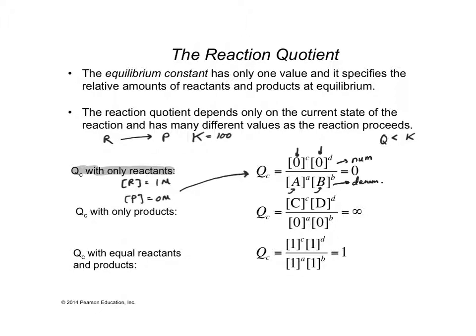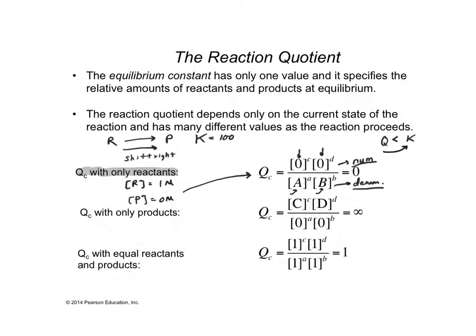So one way we can increase it to get to K is to increase the concentration of our numerator, so we make more products. We could decrease the concentration of our denominator, so we use more reactants. We call that shifting right. So right now we need to shift to the right. We need to make more products and use more reactants to get this Q, which is less than K, to K.